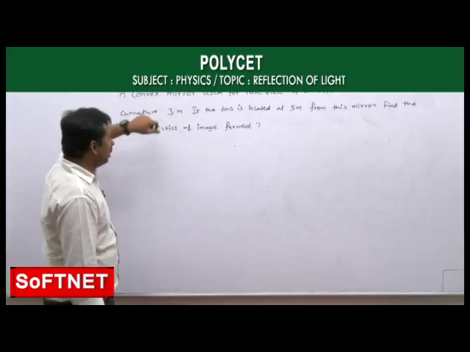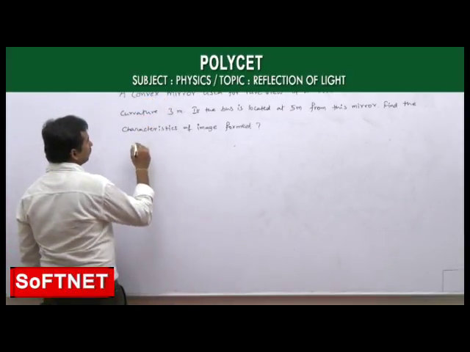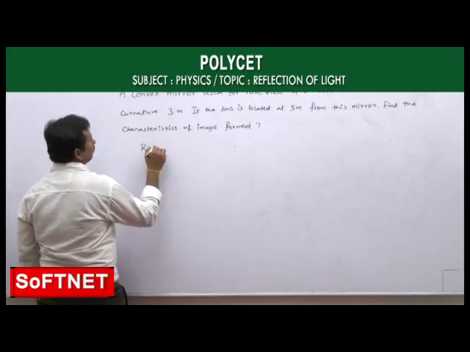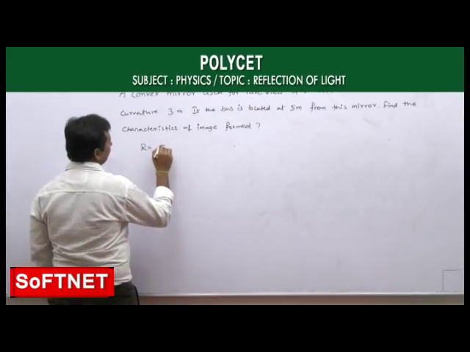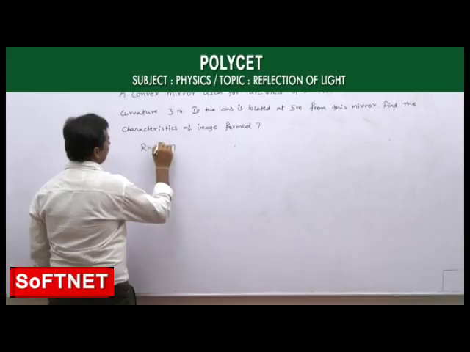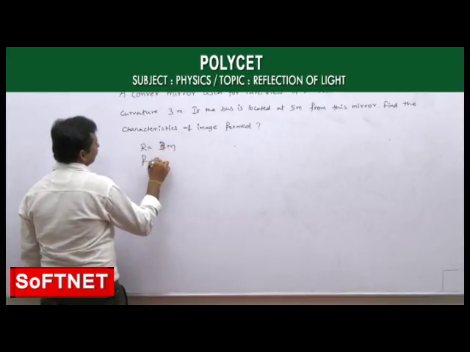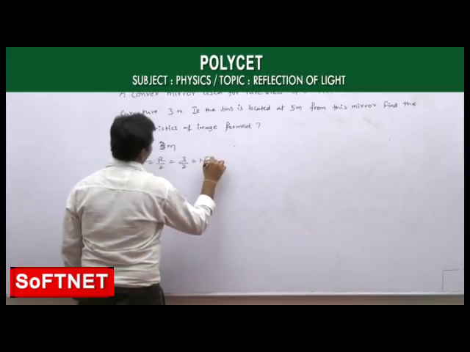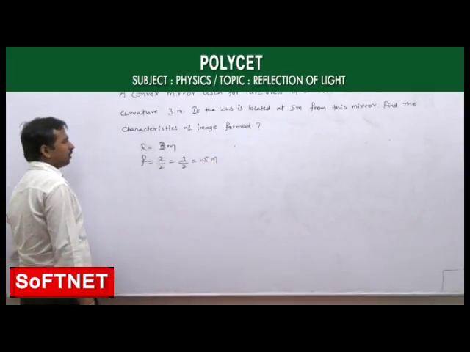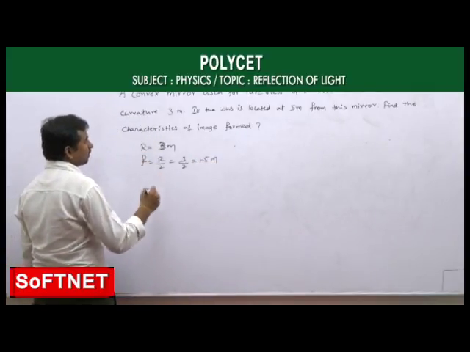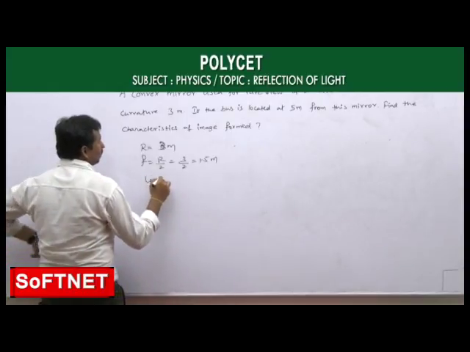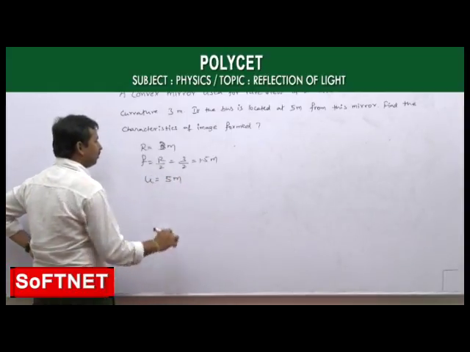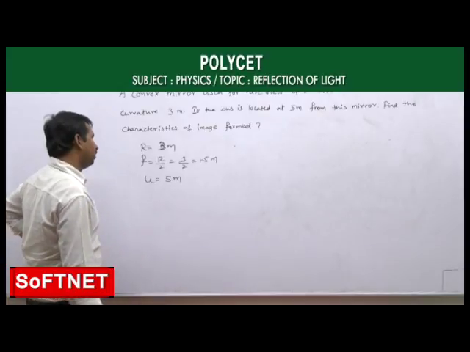The radius of curvature is 3 meters, so its focal length becomes r by 2, which is 3 by 2, that is 1.5 meters. The bus, which acts as the object, is at 5 meters from the mirror, so we got the u value also.